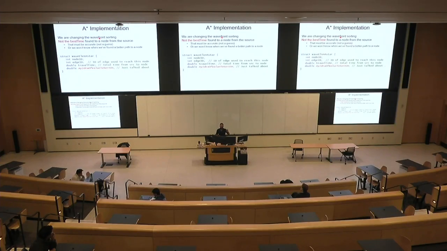That data structure is still global, and it's still the one that we're going to use to backtrace the path from. So it should always store the best travel time to get from the source to each node in the graph. What we are changing is just the wave element data structure. Remember, we had the node ID, the edge ID that we used to reach that candidate node, and the travel time, which is still the best travel time to reach that candidate node from the source.